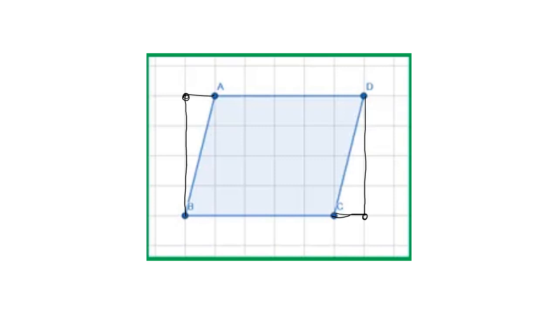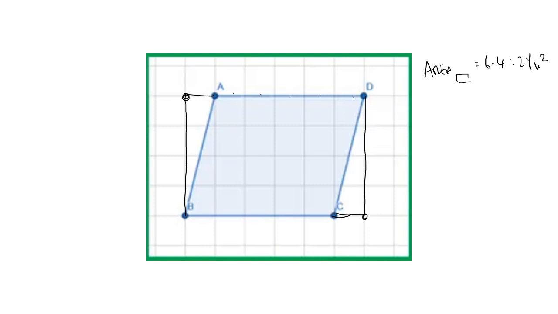And so now I've got my big rectangle, which measures 1, 2, 3, 4, 5, 6. So the area of my rectangle is 6 by 4, which is 24 square units. And so this is my big rectangle. So I know the area of my parallelogram has to be less than 24 units.